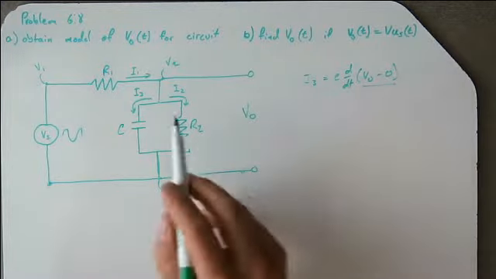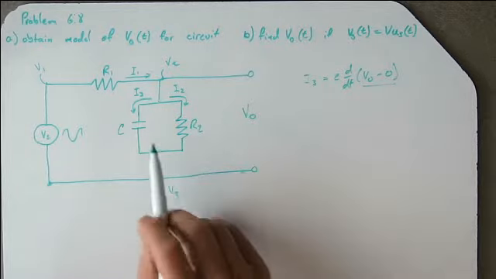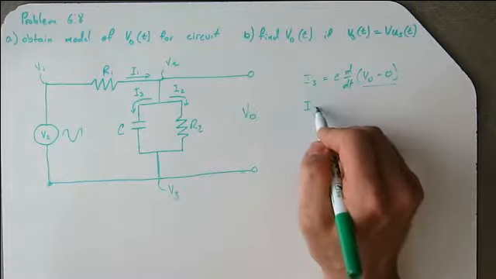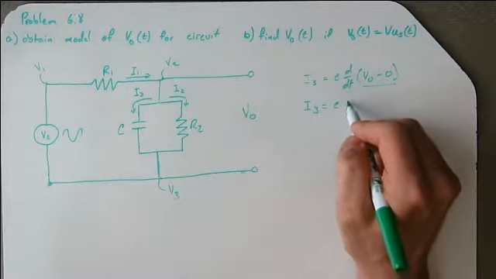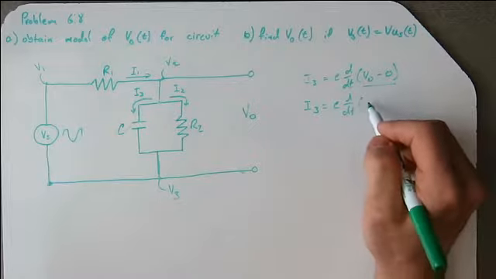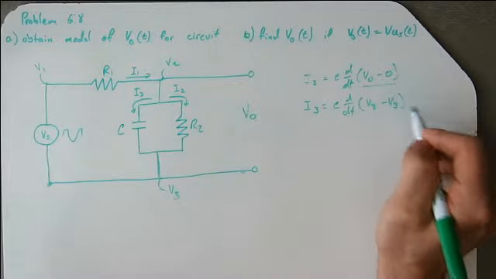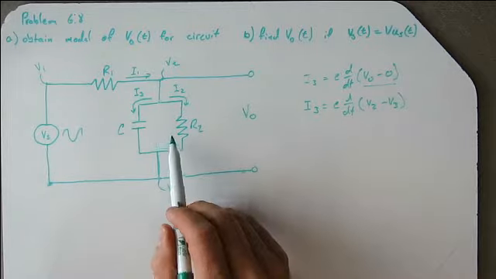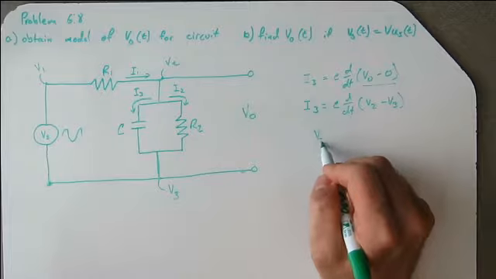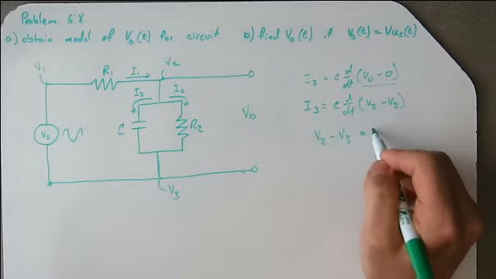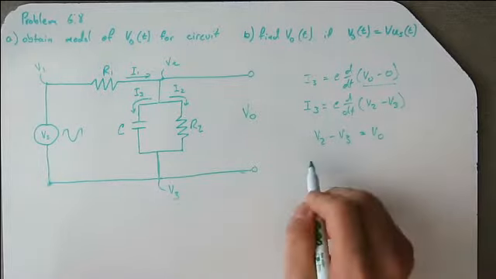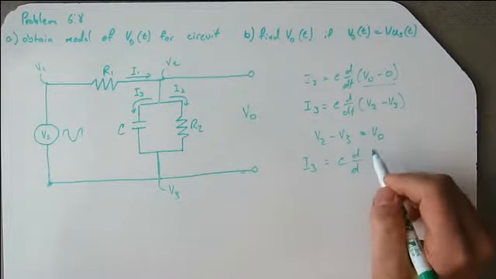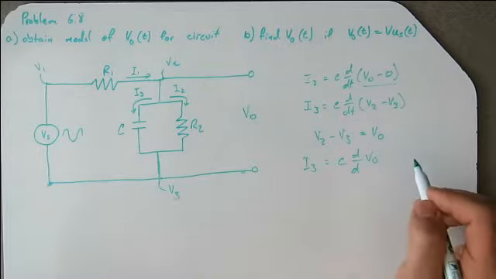Now, we'll get to it in a minute, but I'm kind of jumping the gun with this current thing. What that means is that this I3 will be V2 minus V3. Now, it's always absolutely the case that V2 minus V3 equals V out, so that I3 then becomes the capacitance times the time derivative of V out.